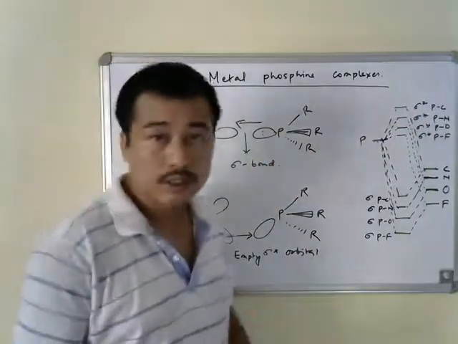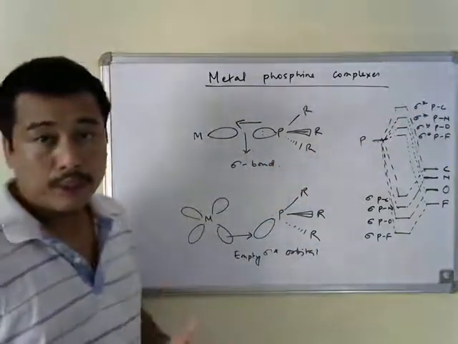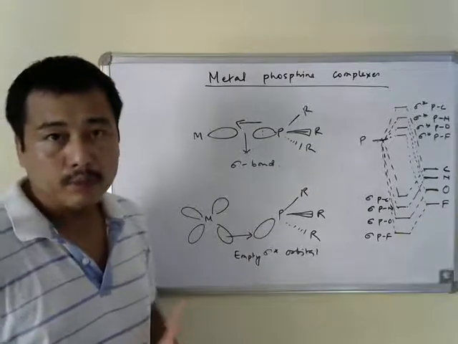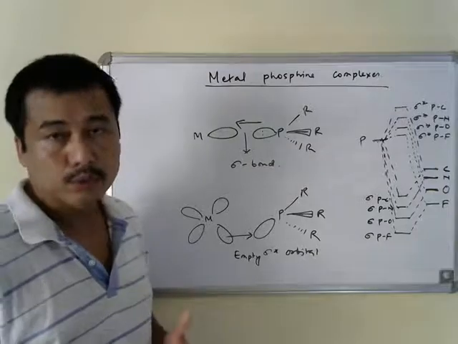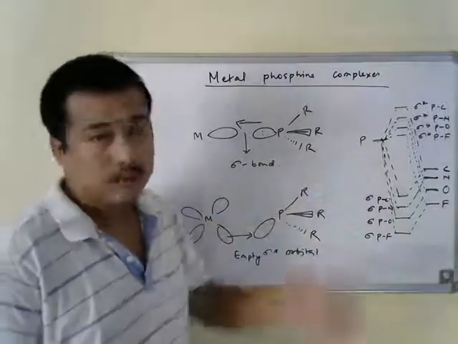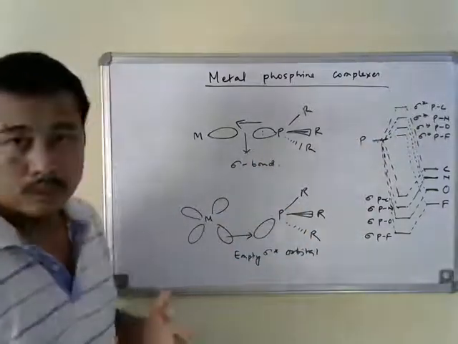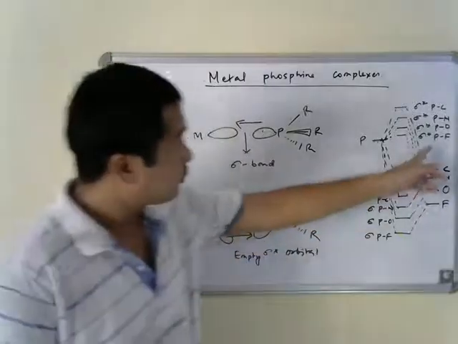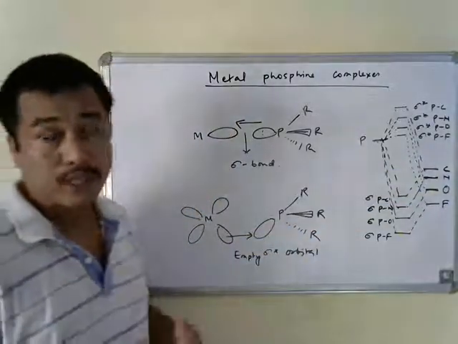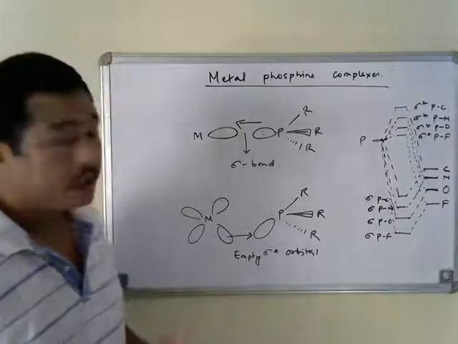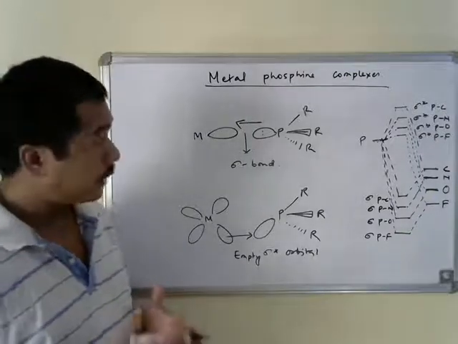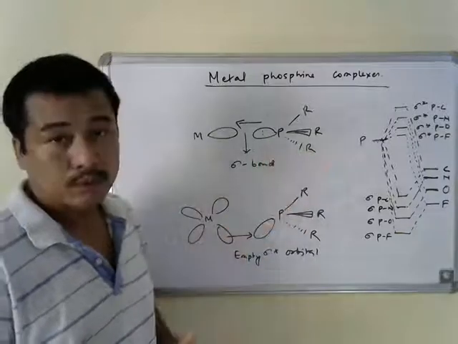That is the reason why phosphine ligands like trimethylphosphine or triphenylphosphine, where a carbon atom is attached to the phosphorus atom, are poorer pi acceptors than trifluorophosphine or trichlorophosphine ligands, where an electronegative atom is attached to the phosphorus atom.